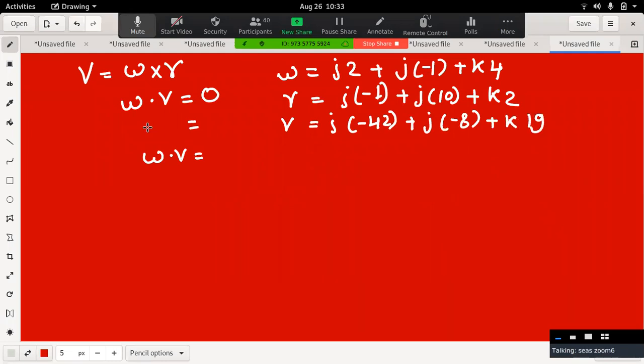So omega dot v will become 2 times minus 42, plus minus 1 into minus 8, plus 4 into 19.